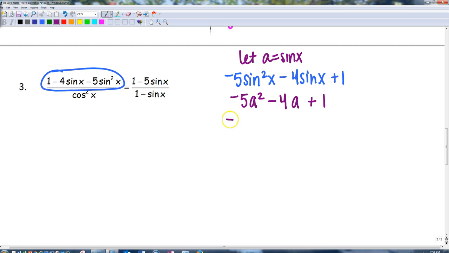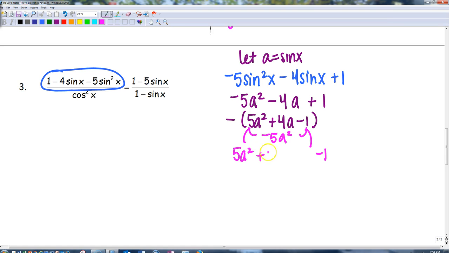I am going to take out the negative first. And then I'm going to Batman, which is another thing we haven't done in a while. So I am looking for what multiplies to negative 5a squared and adds to 4a, and multiplies to negative 5 and adds to 4.